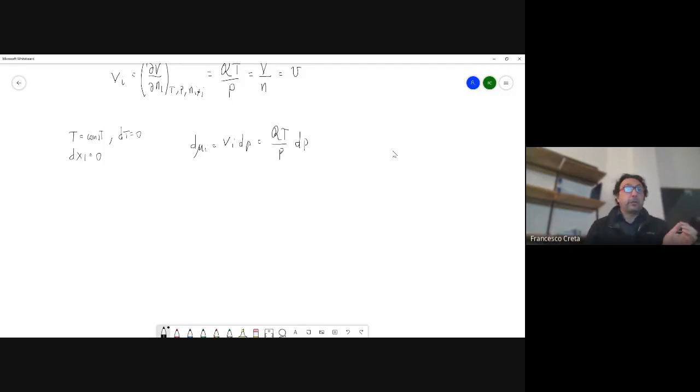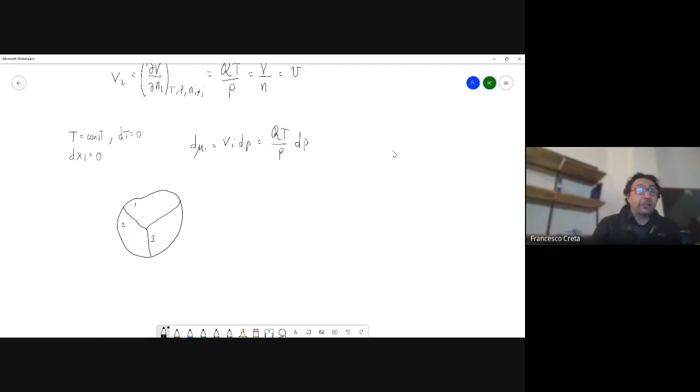So what you can imagine here is having a system which is constrained internally by impermeable walls like this, which is dividing the pure species. So, for example, we have species 1 here, species 2 here, and species 3 here.